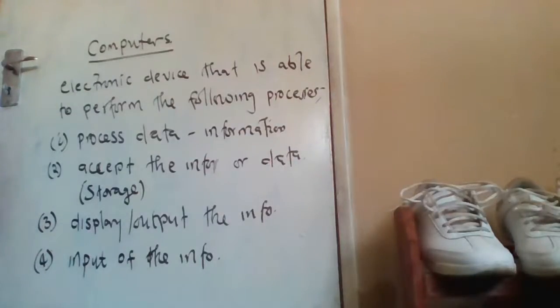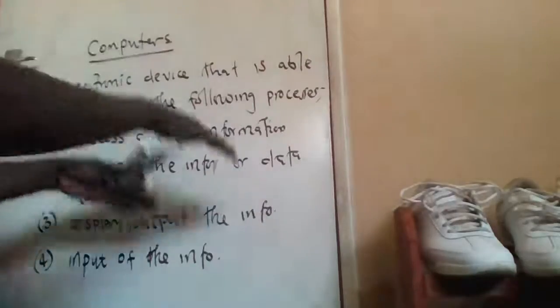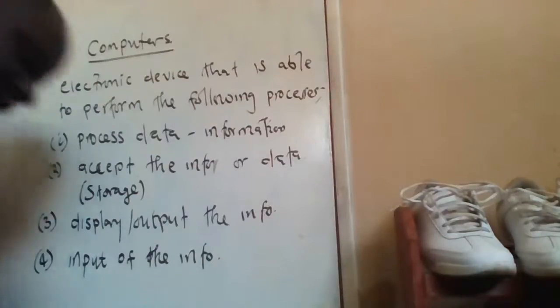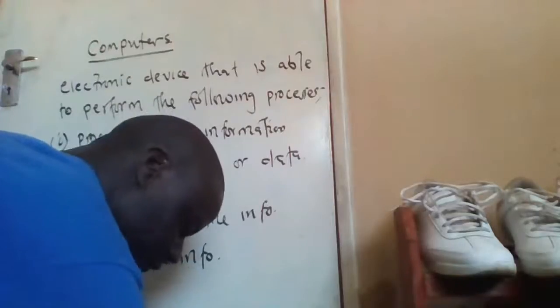Say you want to type something, there must be an external part, let's say a keyboard, that transfers the information inside the computer. I will look at these components later. So if you have an electronic device that is able to perform this and many more, you can be rest assured that it is a computer.